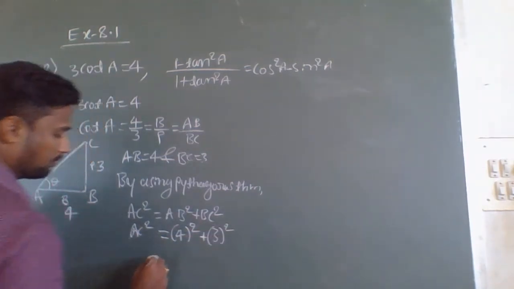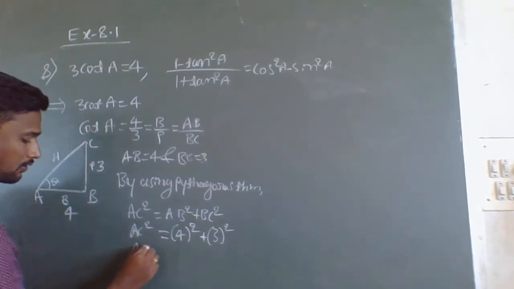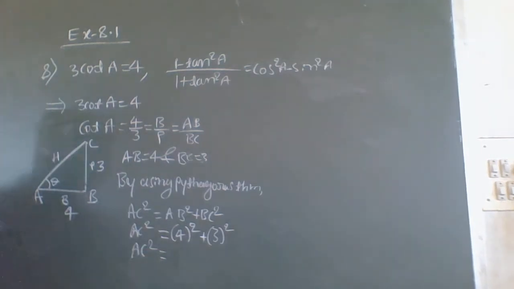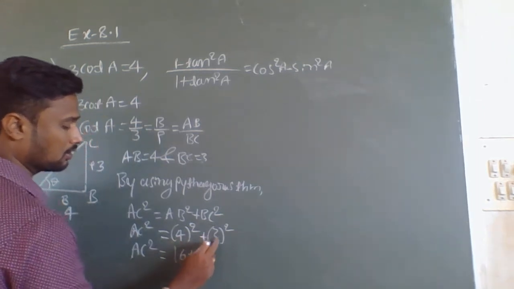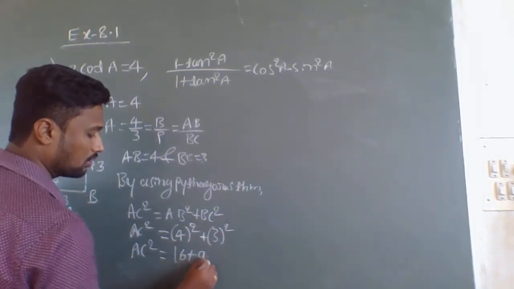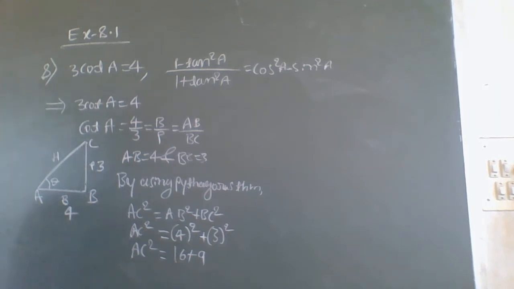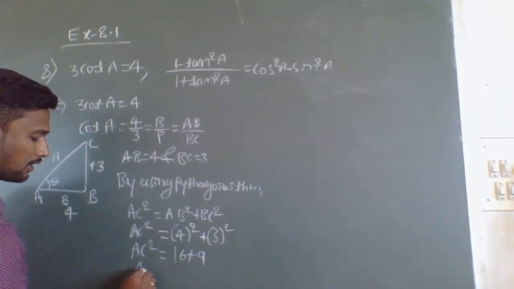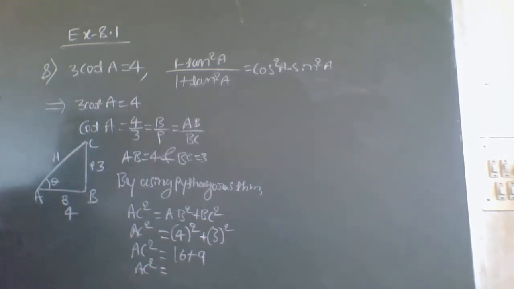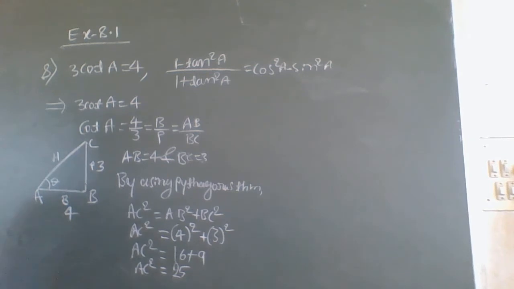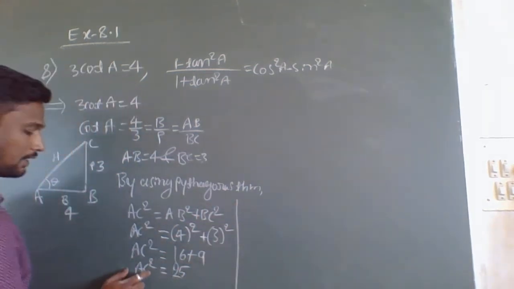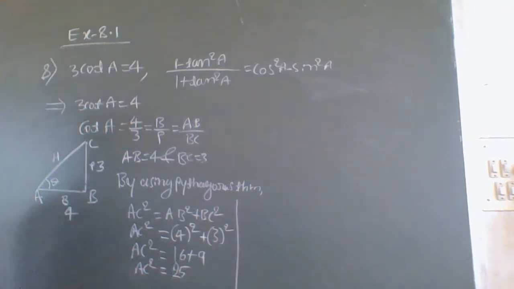So now AC square equals 4 square, which is 16, plus 3 square, which is 9. So AC square equals 16 plus 9, which is 25.